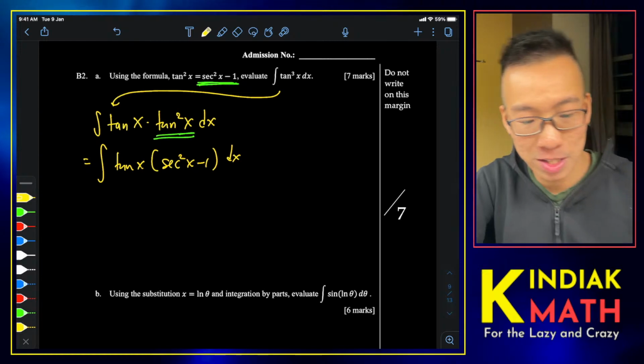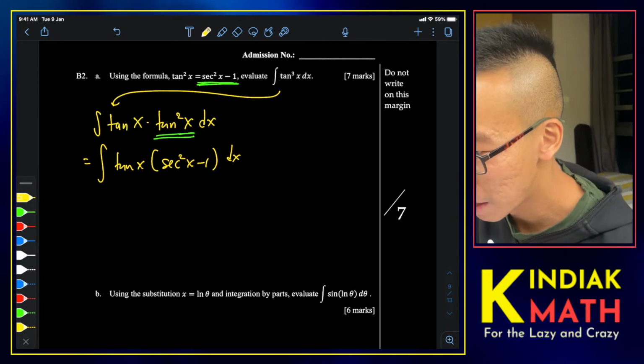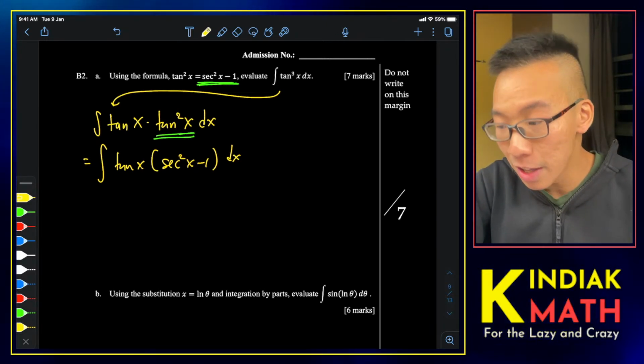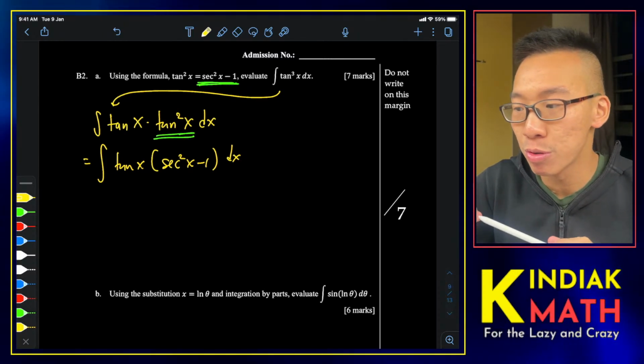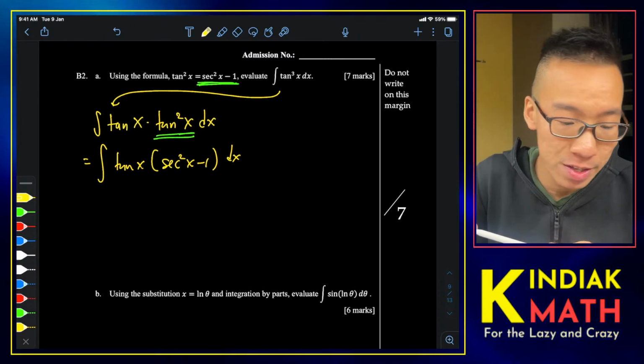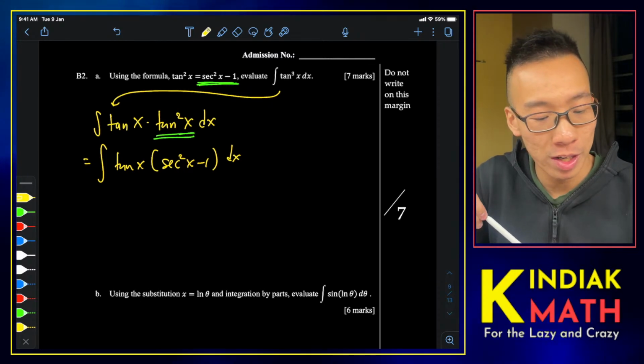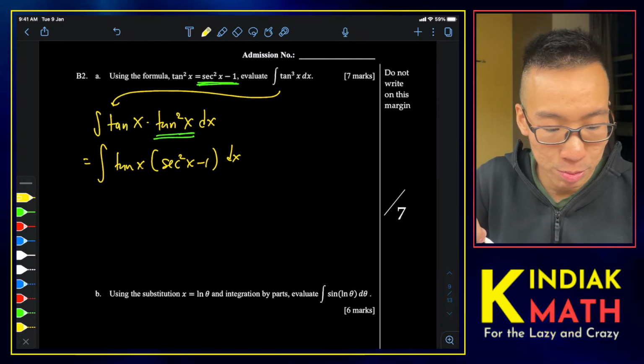Right, we can make that replacement. And there are actually multiple ways to proceed from this point on, right?